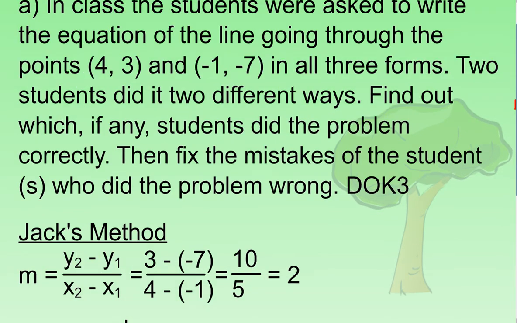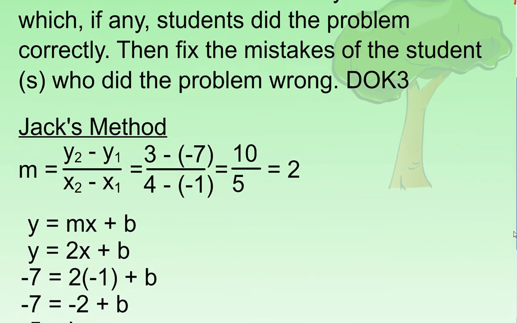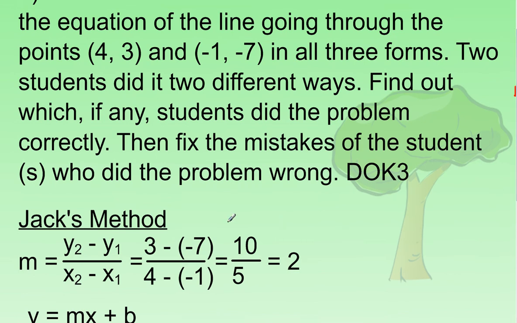How did Mr. Jack do? Well, he found a slope of 2. Although he didn't do it as y2 minus y1. He had the right formula here, but look at this. If I plug this in here, we have x1, y1, x2, y2.